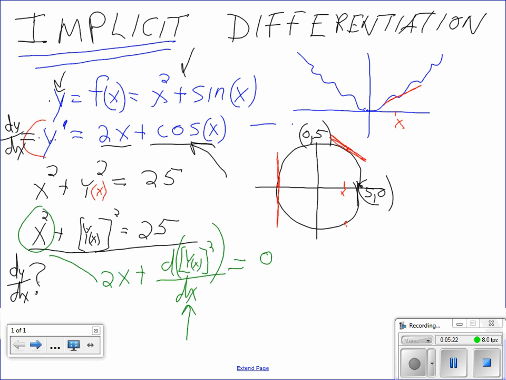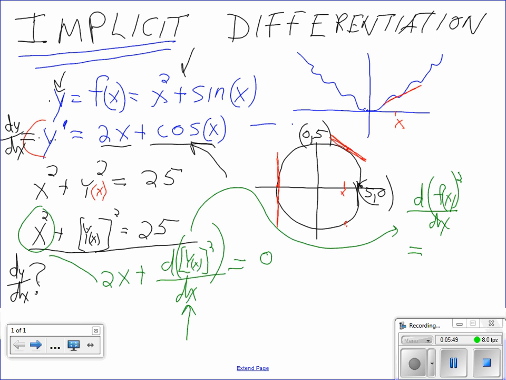And you notice this is why we study implicit differentiation after the chain rule, right? Let me give you a chain rule example. What if I said the derivative of f of x squared with respect to x?